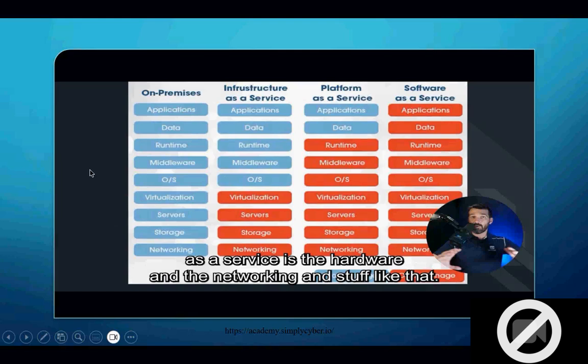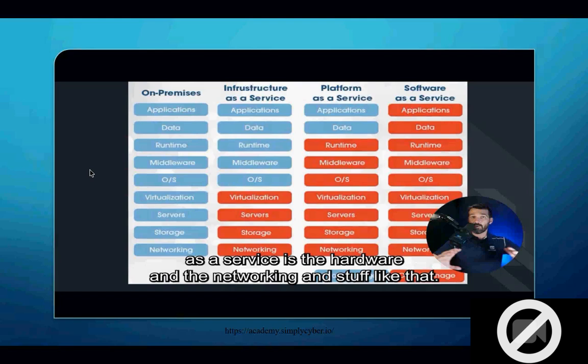It's really nice to see how those services are divided and what they provide. So infrastructure as a service: we have virtual machines, storage, networking.